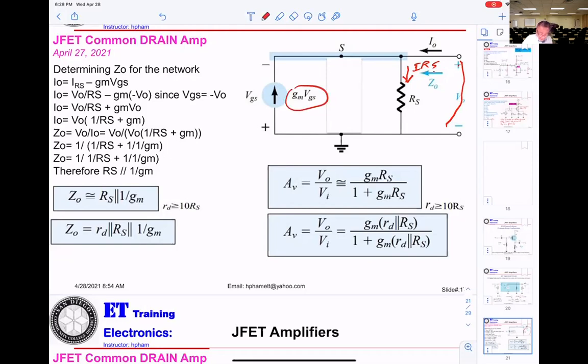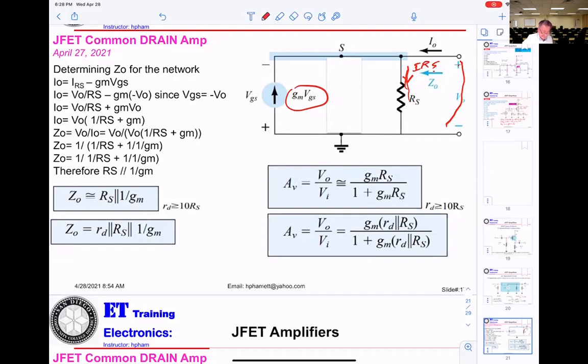Current gm VGS is opposite to the IL. So that's why they get minus gm VGS. However, this current IRS is going the same way as the current Iout. So that's why they say IRS minus gm VGS.